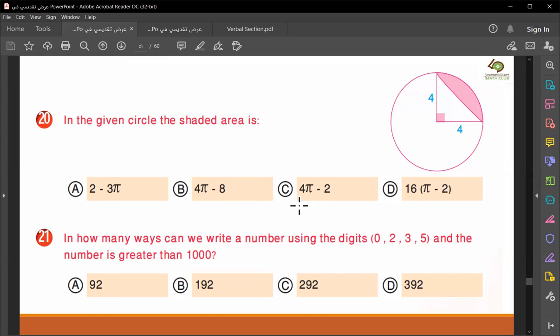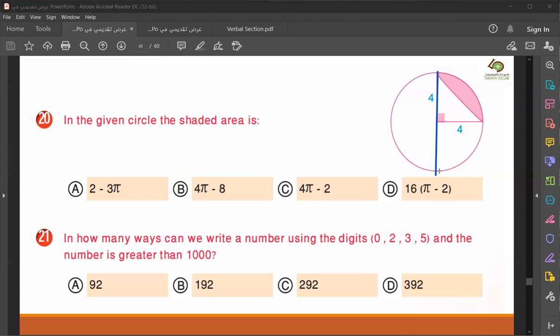In the given circle, the shaded area, what is it? I have a circle here. I want the shaded area. How I find? Look here. When you see the shape, you see the quarter of the circle, right? Because we don't need the third quarter. Only I have a quarter here.